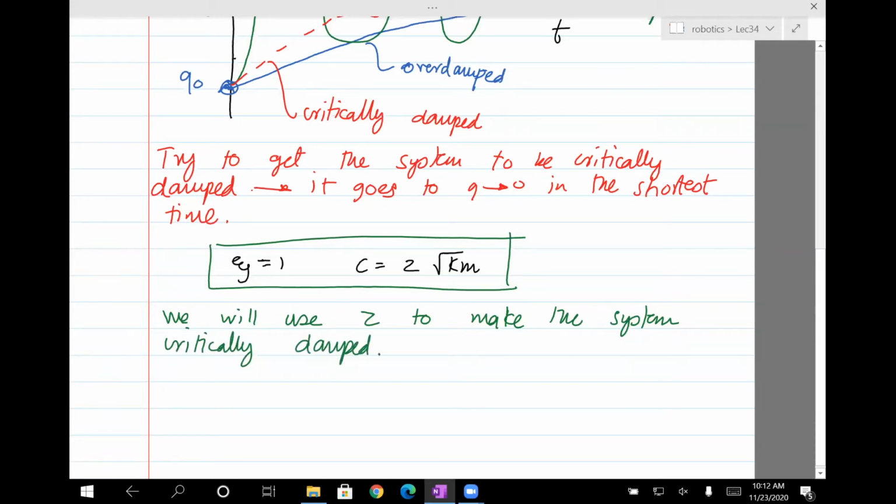Okay, so here's how we do it. Now I'll rewrite the same equation I wrote before, but keep the torque not equal to zero. So I have m q double dot plus c q dot plus k q equals tau, where tau is something which I can set using the motors.